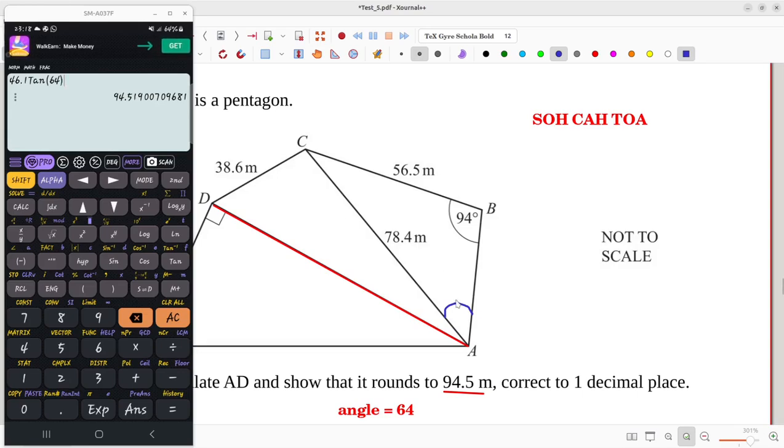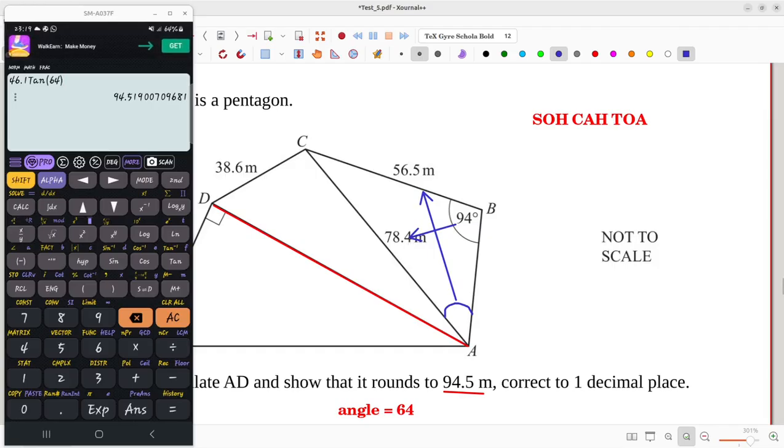Let's check for our case. From this angle to that, the side is known but the angle is unknown, so we call that an incomplete pair. This one to that, they are both known, so we call that a complete pair. So we are going to use the sine rule.